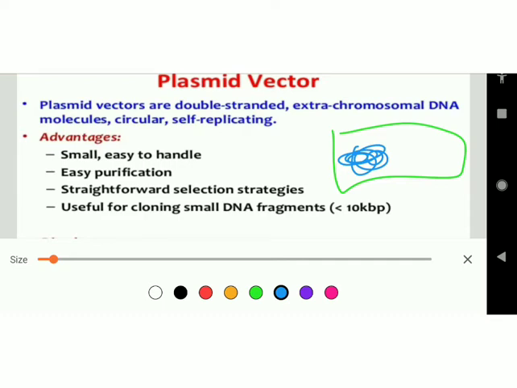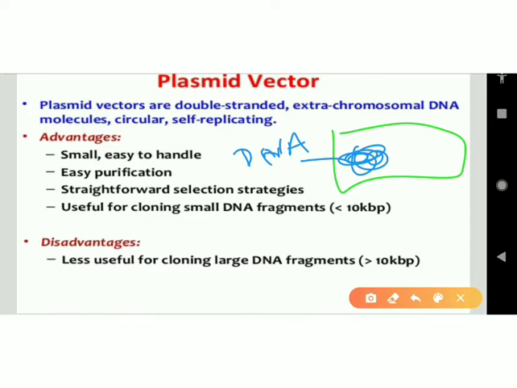That is the DNA of a bacterial or prokaryotic cell, and the plasmid is extrachromosomal, present in the cells.